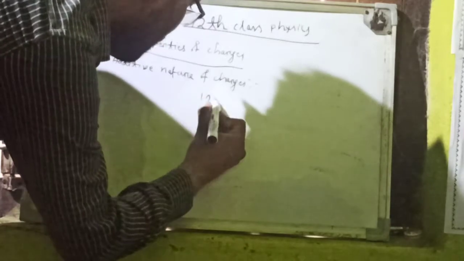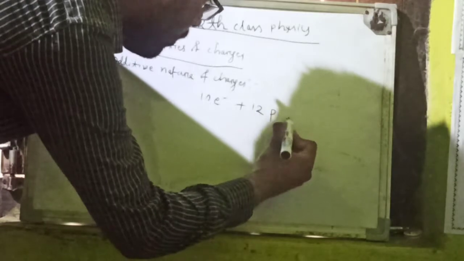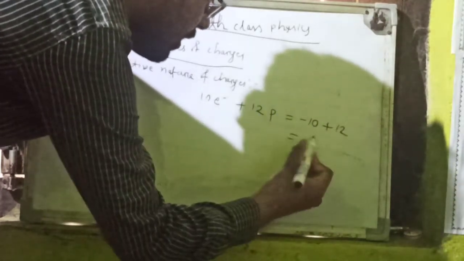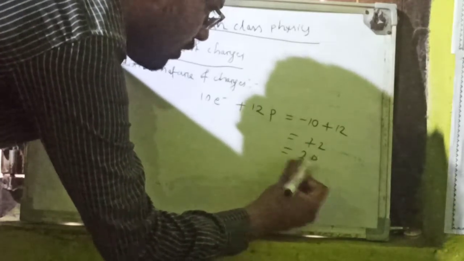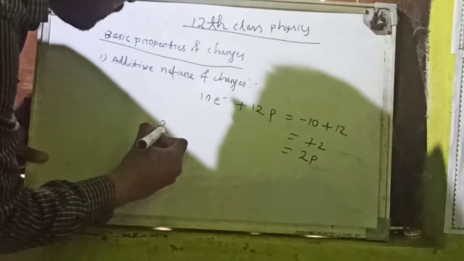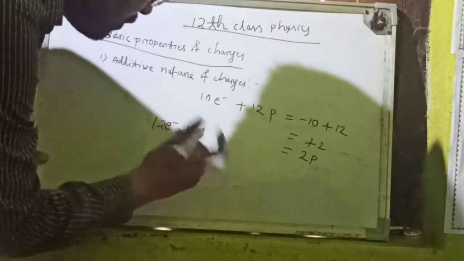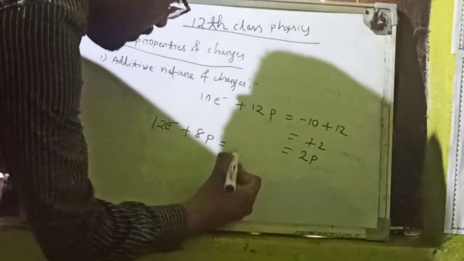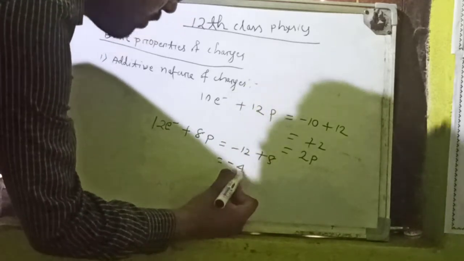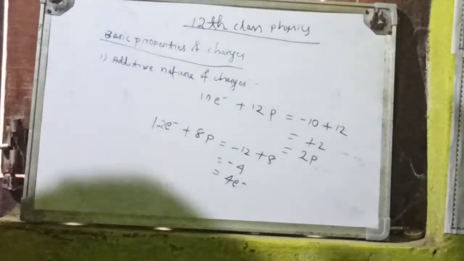Suppose I have 10 electrons and I want to add 12 protons. I will write this as minus 10 plus 12, so I will get plus 2, which means 2 protons. Plus means proton, minus means electron. And if I add 12 electrons and 8 protons, I get minus 12 plus 8, which is minus 4, so this is 4 electrons. So this is the additive nature of charges.